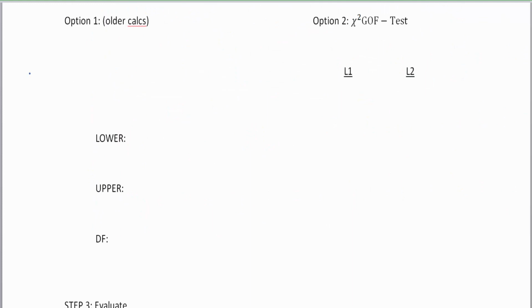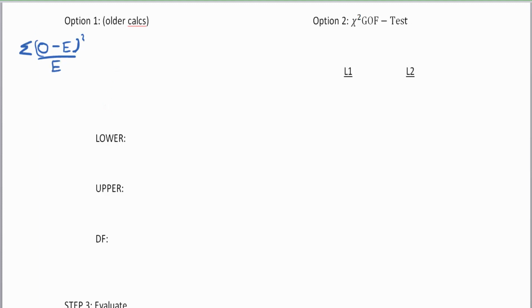I'm going to show you how to do this on the calculator and then show you how to type this in. So the formula for this is the sum of the observed minus the expected, squared, divided by what was expected.